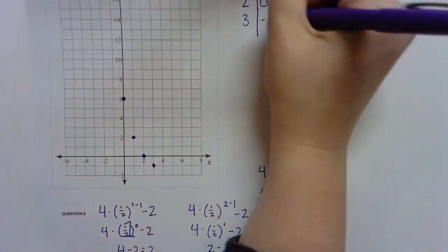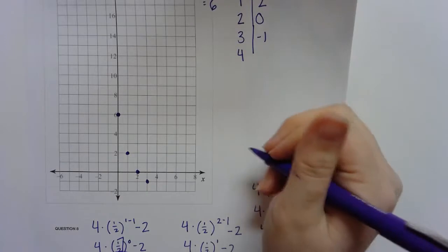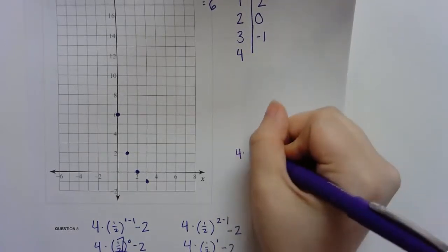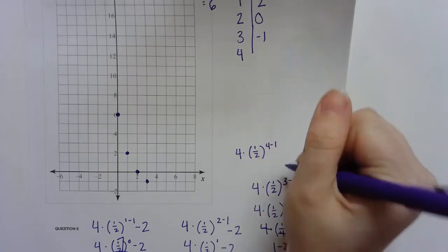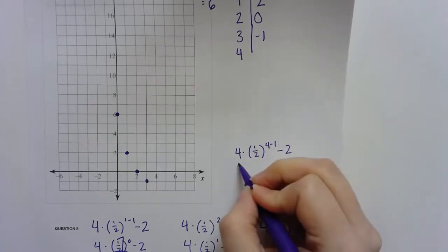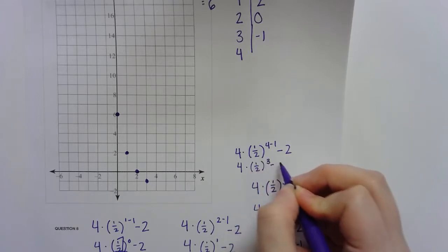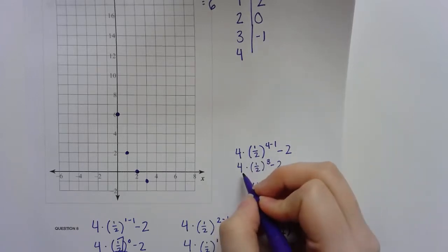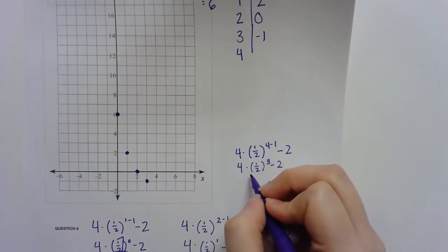And then 4, we'll do one more this way. So 4 times 1/2 to the 4 minus 1 minus 2. So 4 times 1/2 to the third minus 2. So 1/2 to the third is going to be 1/8.